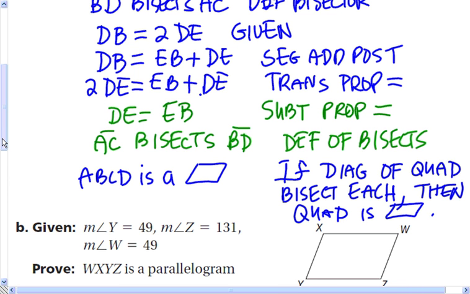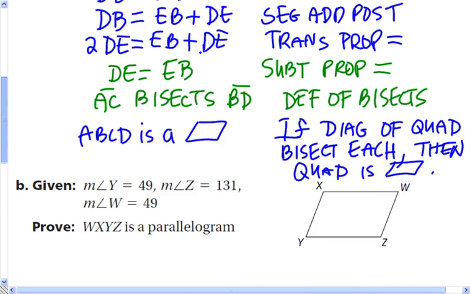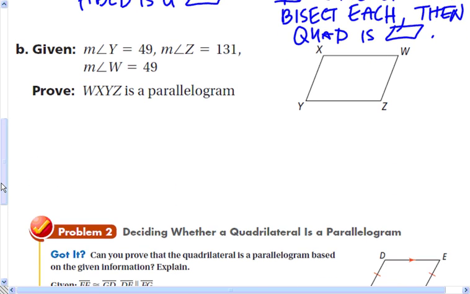Okay. Here we can try another proof, given that the measure of angle Y equals 49, and the measure of angle Z equals 131, and the measure of angle W equals 49, prove that WXYZ is a parallelogram.